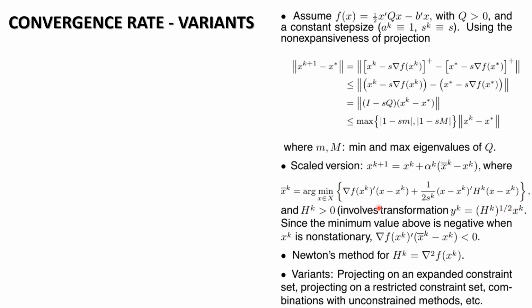This is a quadratic approximation of f at xk using curvature matrix Hk, often set as the Hessian, and xk is non-stationary. The minimum is negative. That is, you get descent: the multiplication of gradient and direction is negative.